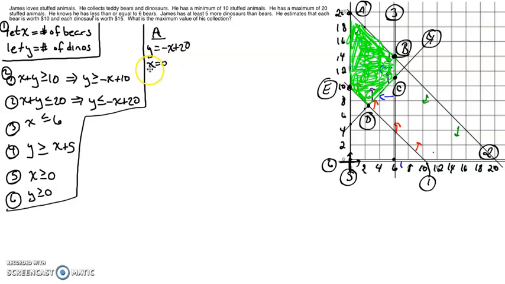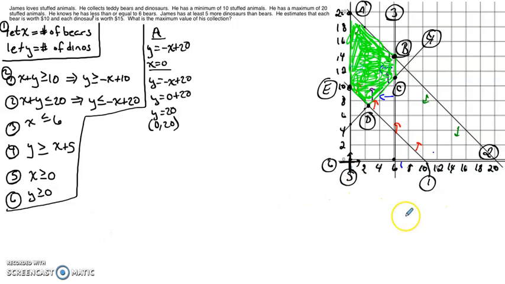So I'm already told the x coordinate, and I can substitute that in here to find the y. So y equals negative x plus 20. I know that x is 0, so instead of x, I'll write 0. So y equals 0 plus 20, so y equals 20. So my ordered pair is 0, 20.